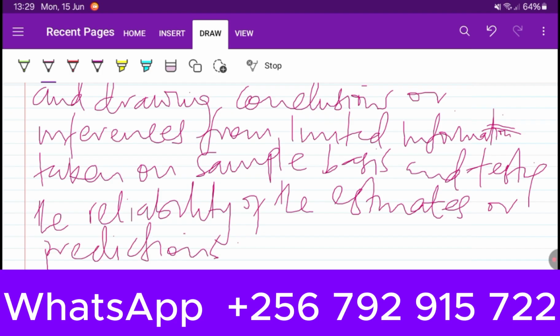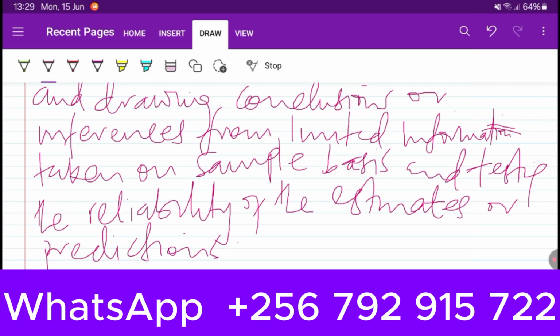So we don't just make conclusions, but we also look at whether the conclusions that we have made are reliable based on the information that we have. So inferential statistics is used to make comparisons or to make predictions about a larger group.